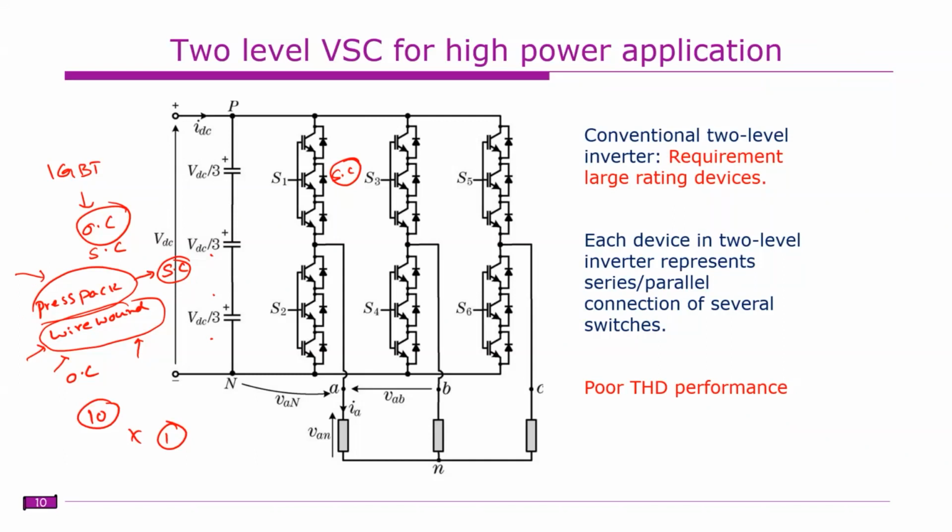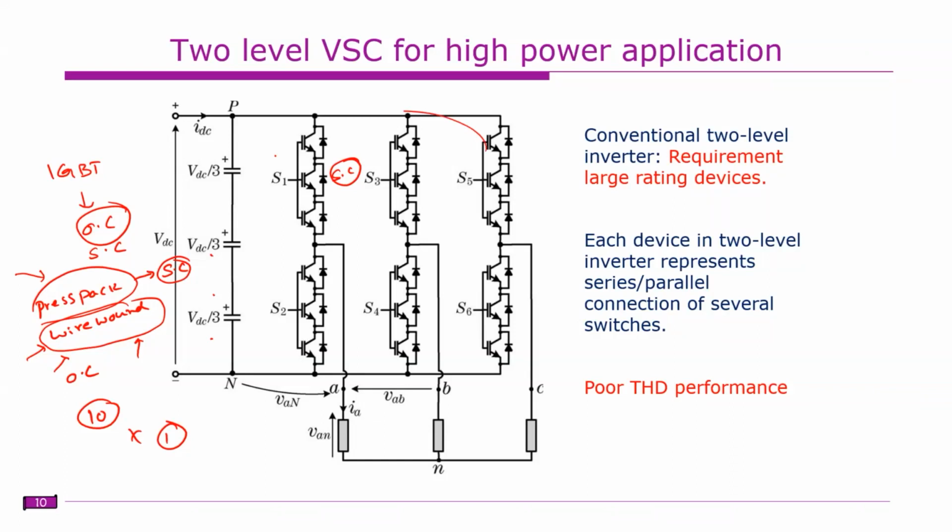Okay. So this is about the two-level inverter for high power applications, and these are the drawbacks. The thing is that this is simple, but we have a lot of problems. Performance wise, it still acts as a two-level inverter. You require large size filters, and the reliability is also reduced.